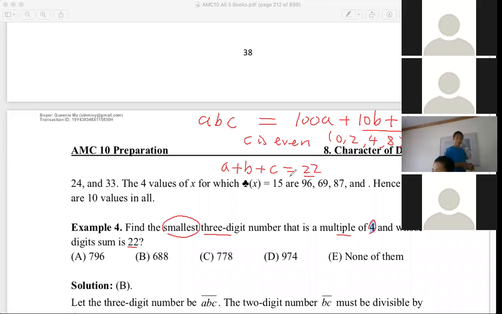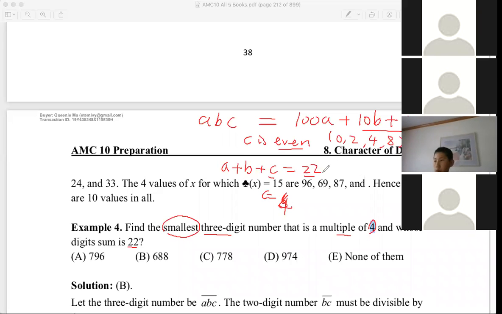Then let's see, all these digits cannot be less than 6. Otherwise, suppose C is less than 6, suppose that's 5. Definitely C is even, right? Suppose C can choose 4.